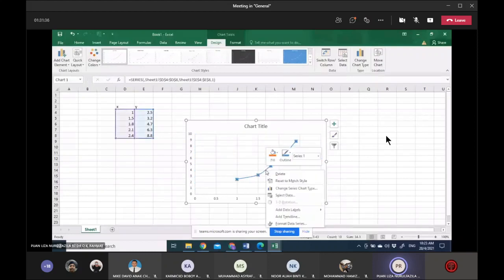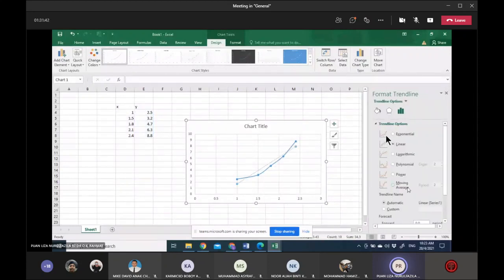Okay, and then I want to find the formula. Okay, I can use, let's say, this is linear. Kita tengok this line. This is linear. I can have exponential like that, or I can have a polynomial, maybe degree 2, or I can have degree 3, degree 4, degree 5, degree 6, whatever I need.